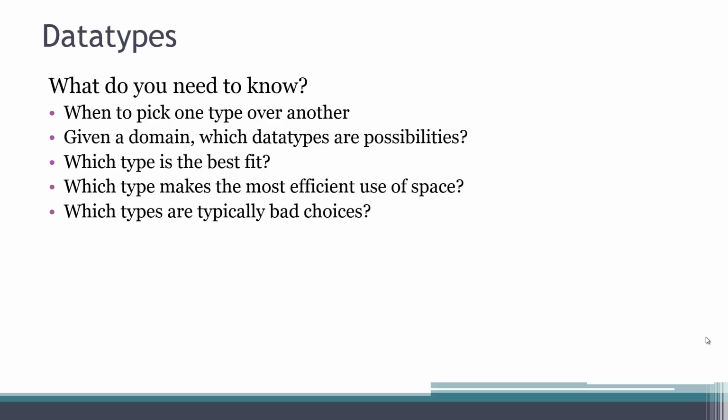And that kind of comes to this second bullet point here. When you're given a domain, what are the possibilities? Now, in this sense, the word domain is not what a system administrator or a website administrator is going to think the word domain means. It's not www.something.com. It's not a domain name in that sense. In the context of a database, the domain is a list of all of the possible values. So you have a column. Let's say you have a column that's birth date.